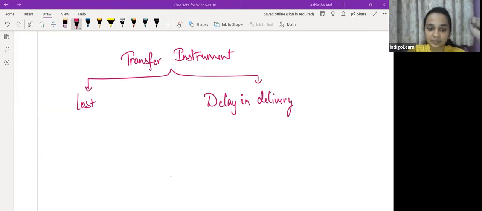Let's understand. So what do you think? ऐसे situation में transfer register होगा कि नहीं होगा? नहीं होगा.